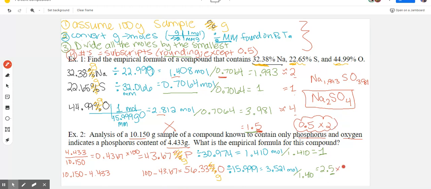So we would multiply this by 2. Whatever we do to this one, though, we have to do to the others. So now we're left with a 2, and this one would be a 5. So the answer for this empirical formula would be P2O5. So diphosphorus pentoxide.